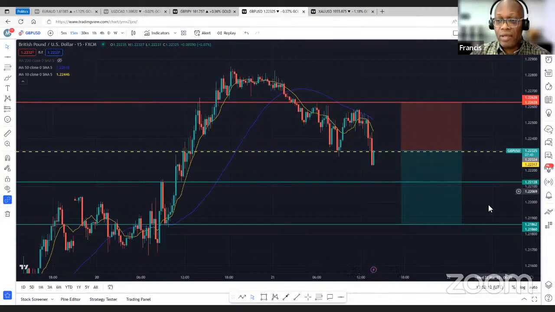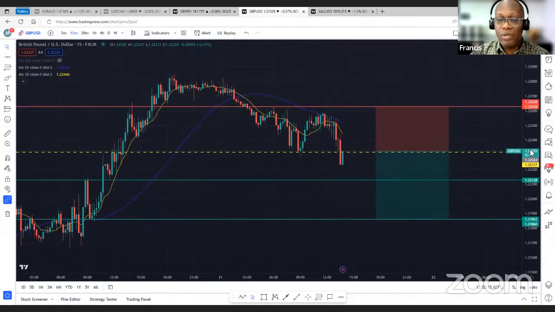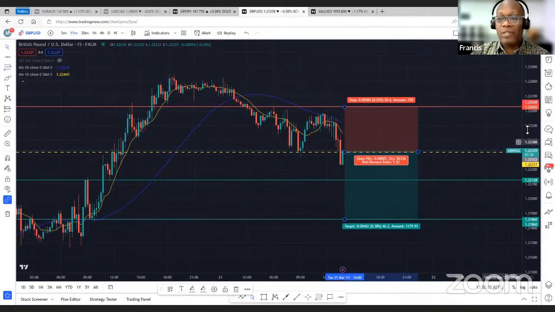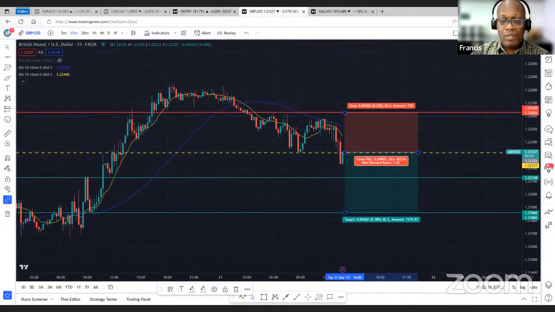So we can see it's a 1 to 2 risk to reward. That's where I have my stop loss. So I'm going to be entering now on pound USD.